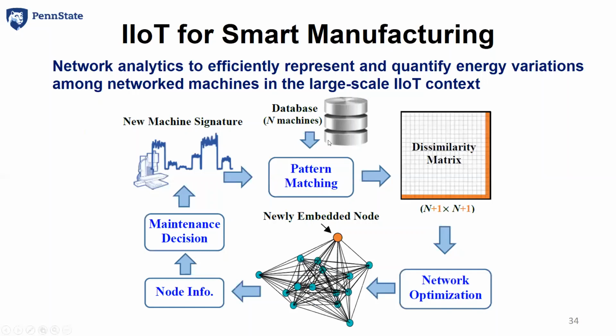Now, if we have a network, and we treat each machine signature as a node in the network, then the new upcoming signature will become one node over here. If this one is consistent with most of the quality builds, you will have one cluster. But if there are process variations, you have a different quality build. You will see each part is embedded as a node in the network.